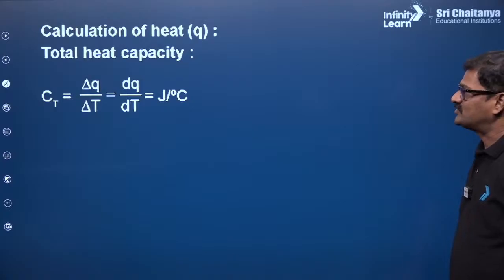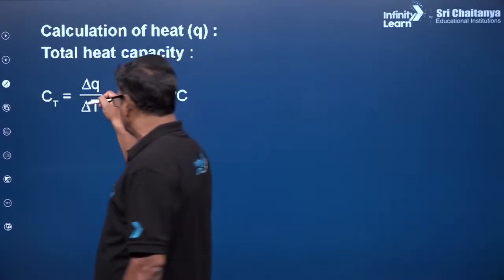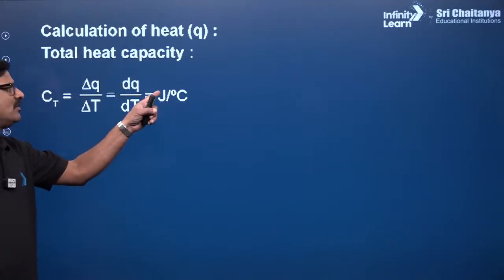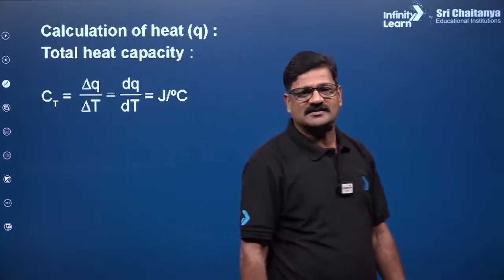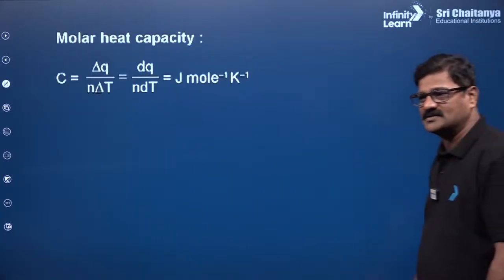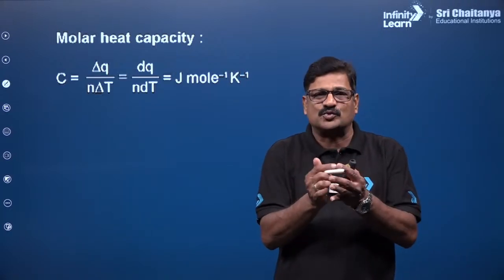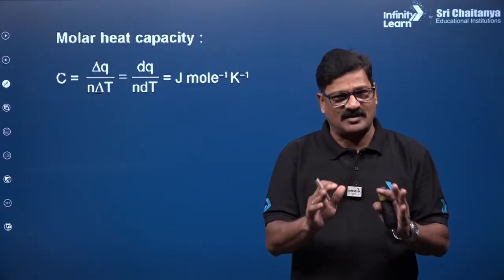And calculation of heat: the total heat capacity C is given by Q by T, or dQ by dT, in joule per degree centigrade. Similarly, the molar heat capacity: the amount of heat supplied to the system to increase the temperature by 1 degree is called heat capacity.